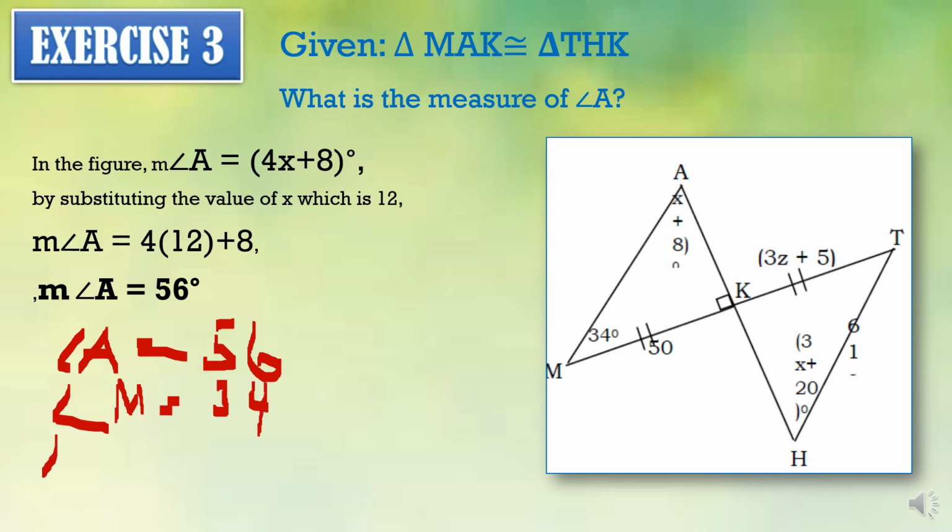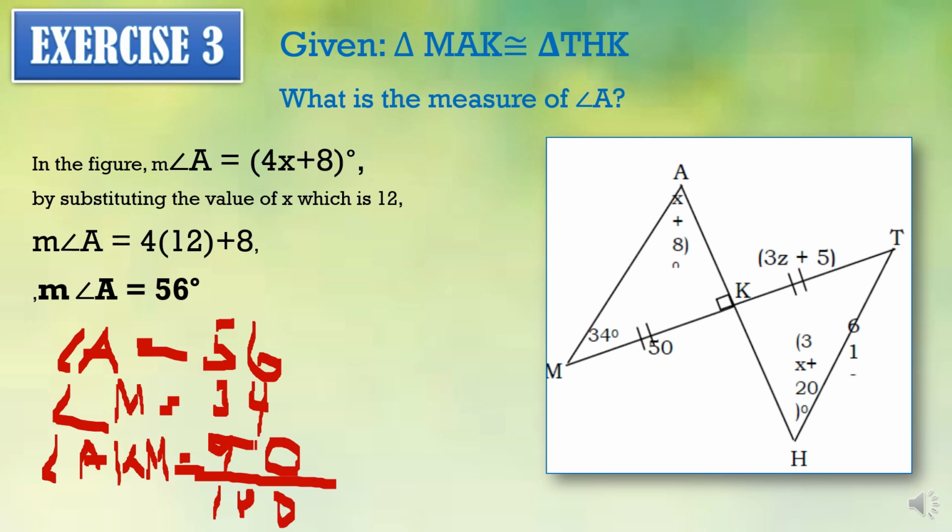And angle AKM, since it is a right angle, is equal to 90 degrees. Do you agree? Very good. So therefore, when you sum it up, that is equal to 180 degrees. So therefore, we got the correct measure of angle A, which is 56 degrees.